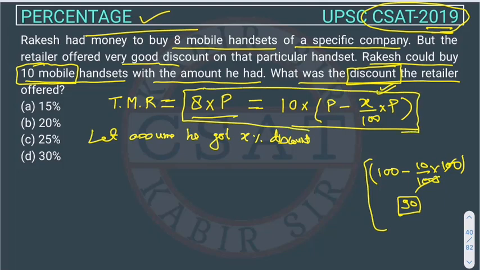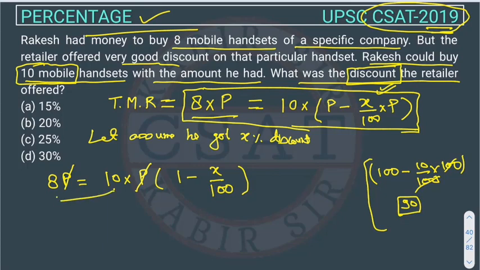So it will be 8P is equal to 10 times P. From this equation we can take P common, so it will become 1 minus X upon 100, right? This P will cancel that P, this 10 will come to this side, so it will become 8 by 10, right?